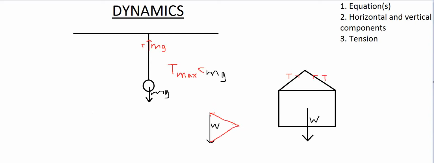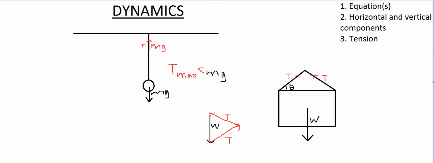These are the two tension forces, and the question also mentions the angle here. Because the whole thing is in equilibrium, the three vectors form this closed triangle.